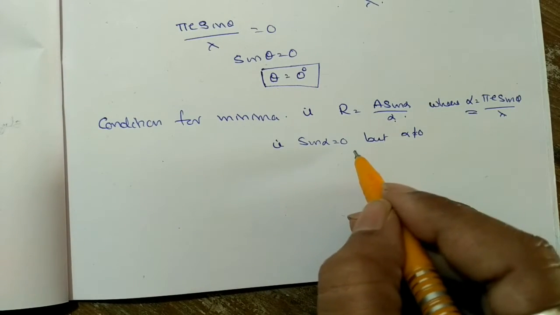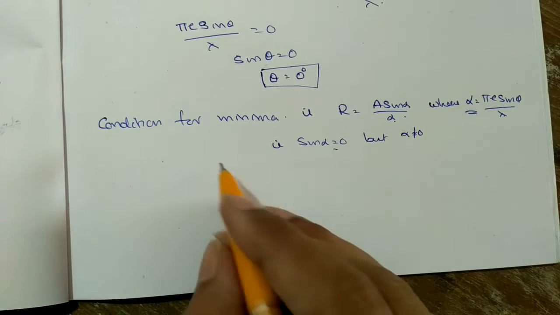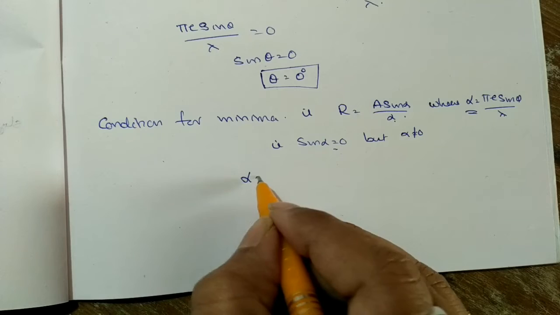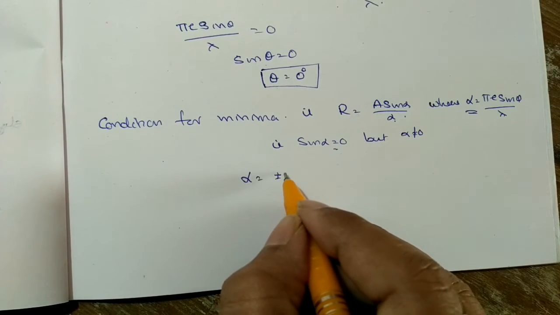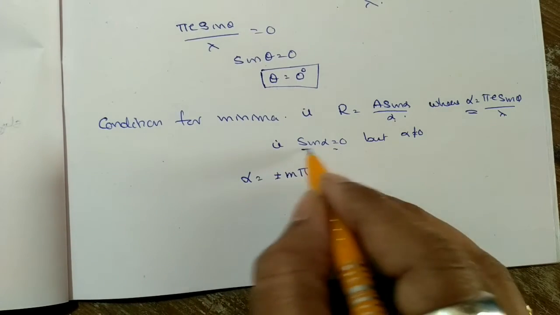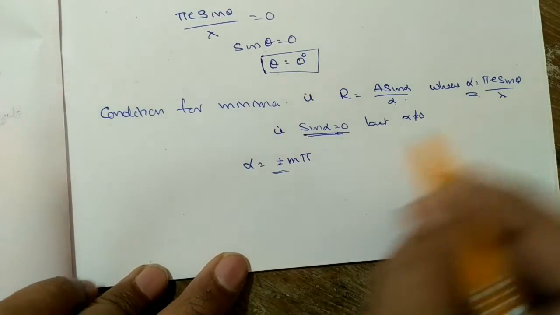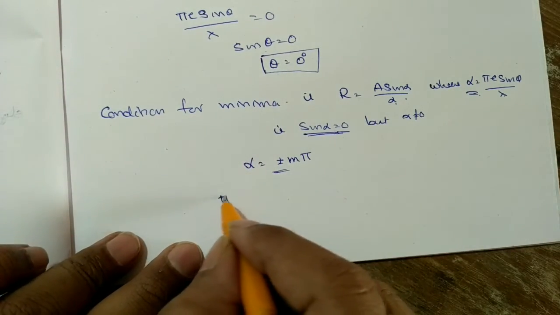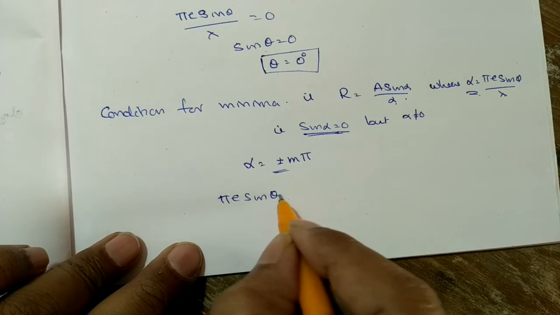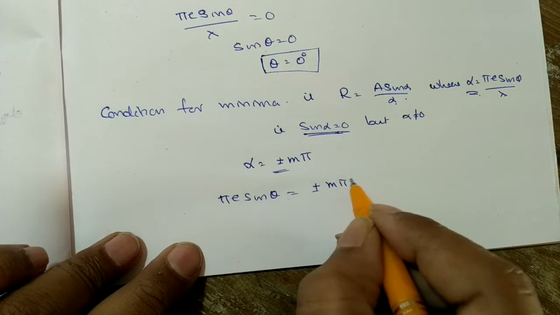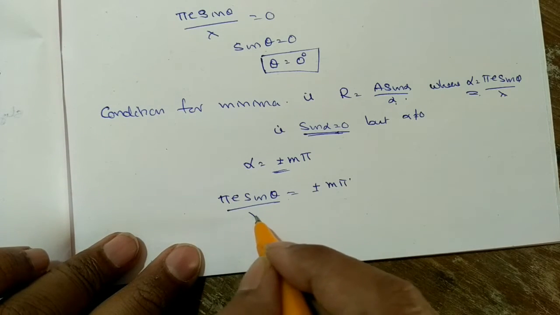Now substitute this value here. Sin alpha equal to 0 means alpha is equal to plus or minus m pi according to this condition. Now substitute this value in this equation. It is pi a sin theta is equal to plus or minus m pi by lambda.